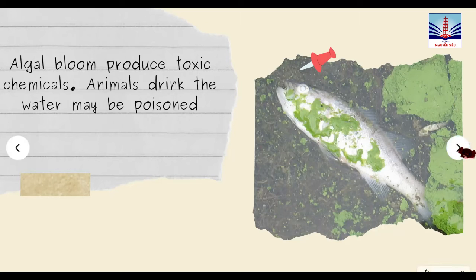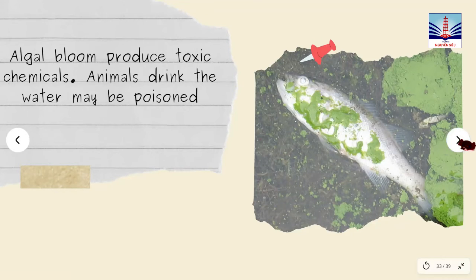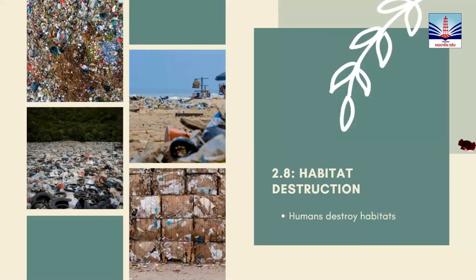Sure, let's move on. Chapter 2.8 is going to tell us about habitat destruction, and we are the ones who made this earth look so ugly. First, we are going to talk about wetlands. Humans cut down the rainforest.